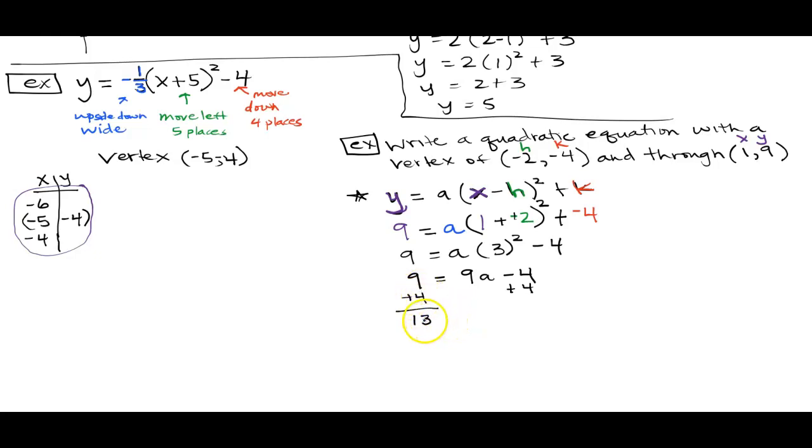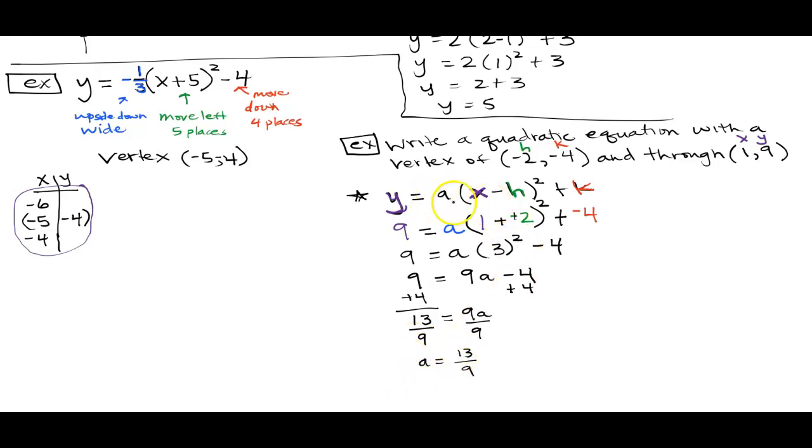Is 13. Yes, 13. So 13 equals 9a. And then what's left to do? Divide the other side by 9. Yep, divide both sides by 9. So I get a equals 13/9.